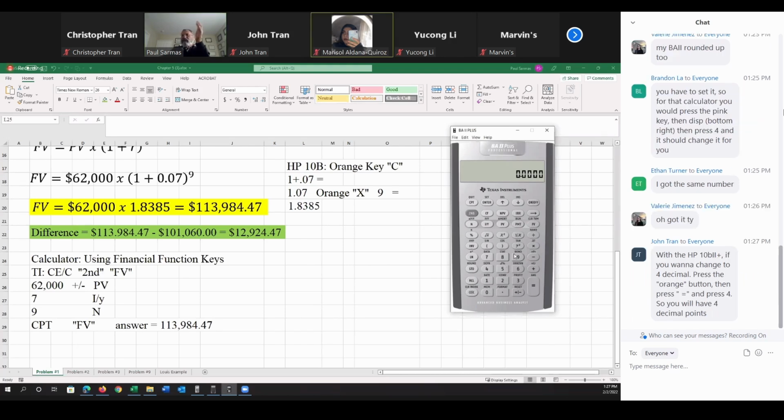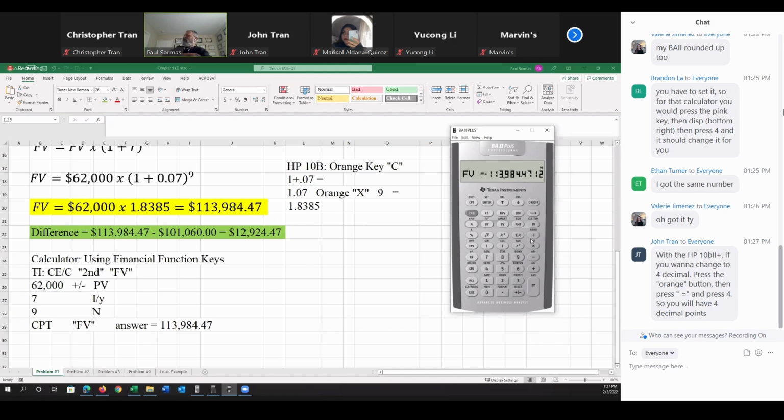You guys don't have to try this, but I want to show you what will happen if you don't put a minus in front of the 62,000. If you put only 62,000 as it is, and you press present value, then you do 7 I/Y, 9 N, and compute future value. Look at the answer.